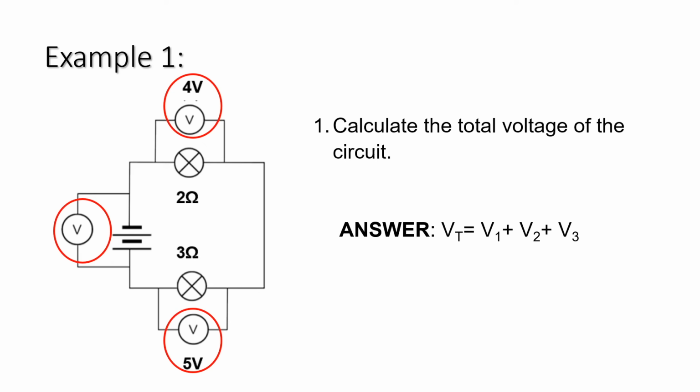So to get the total voltage, we add the readings of the voltmeters. As you will see in this circuit, we do not have a third voltmeter, so we are just using the formula up until V2. So our answer goes like this. Vt is equal to 5V plus 4V. So the total voltage in this circuit is 9 volts.